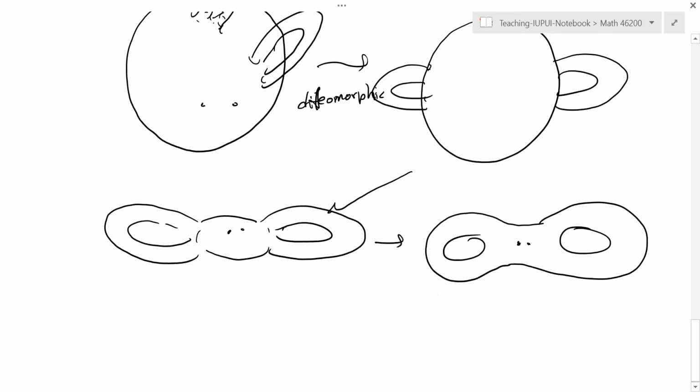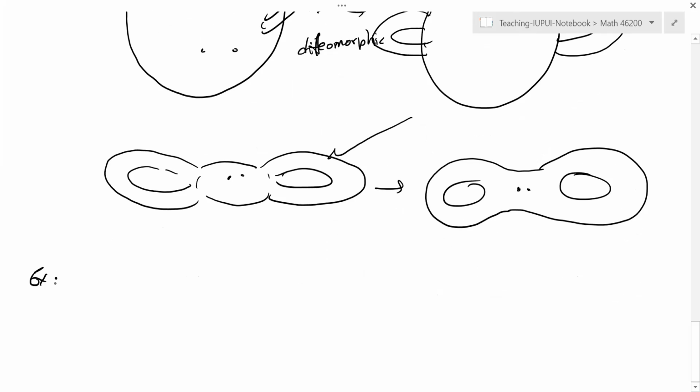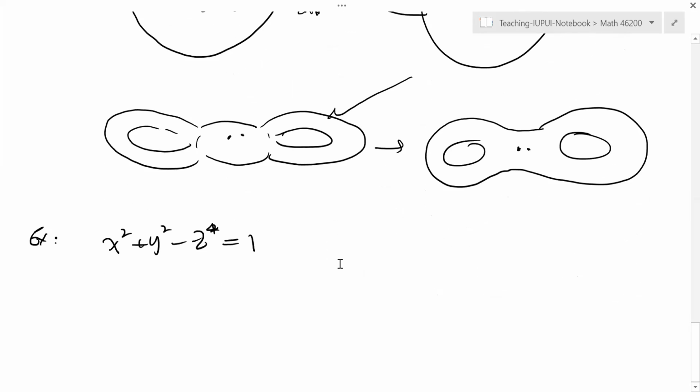Let's take a look at another example. You have x squared plus y squared minus z to the 4th power equals 1. Let's look at this surface. This is actually a level surface, right?